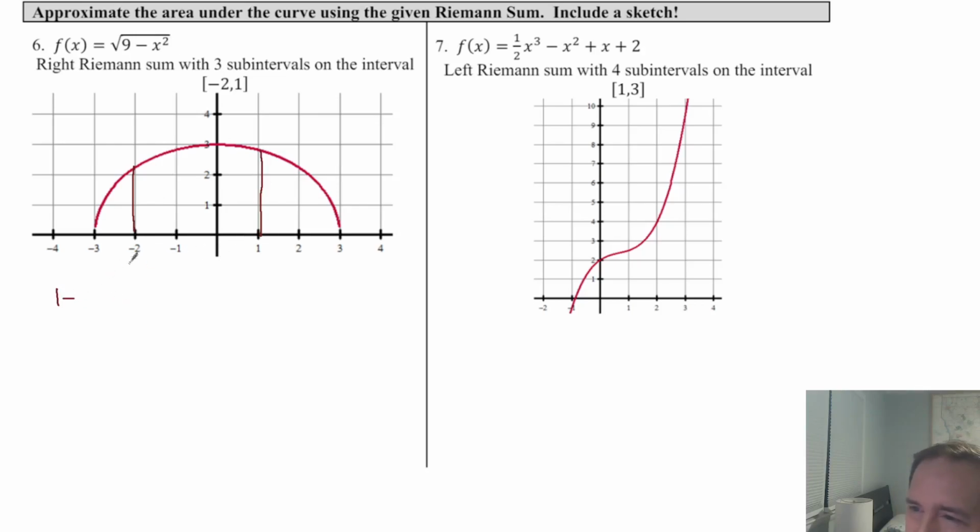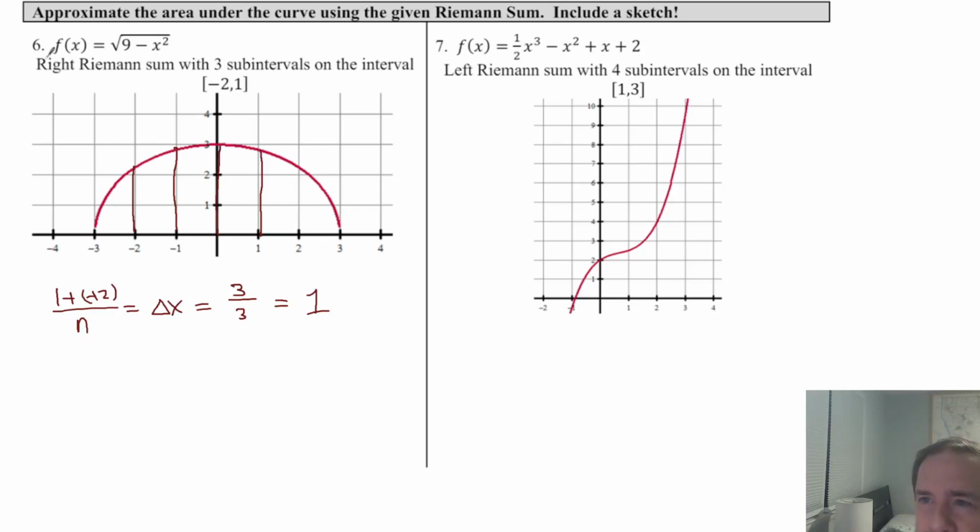Sorry. This math's easy. But we're going to go 1 minus -2 and divide that by the number of subregions. That's going to help us get our delta x. So in the numerator, you're getting 3. In the denominator, you're also getting 3. So this is actually the easiest possible outcome for all of our width, is to just let everybody have a width of 1.